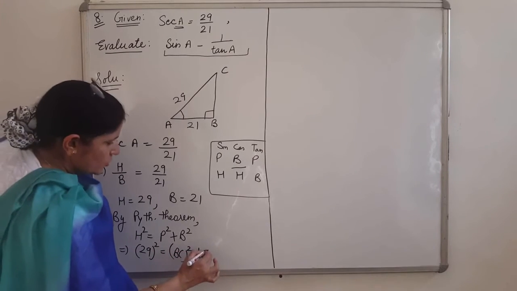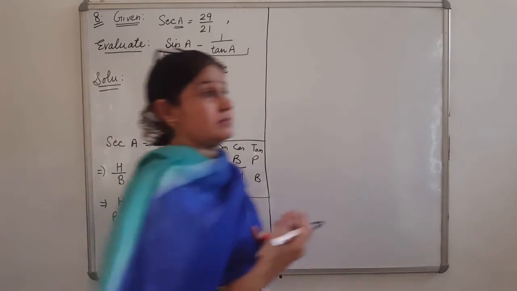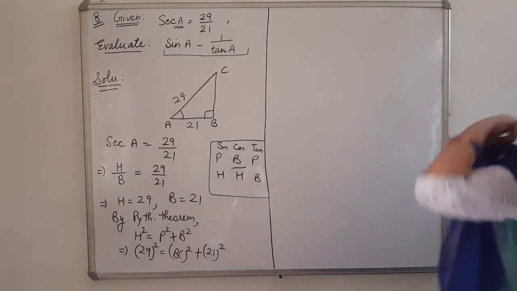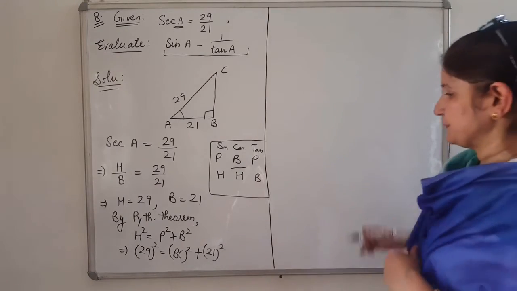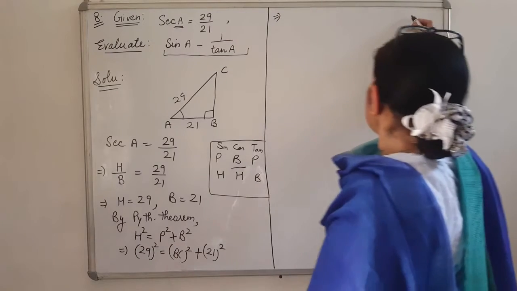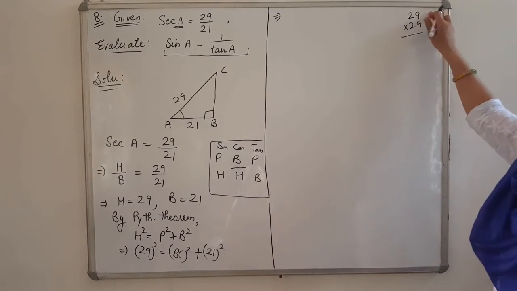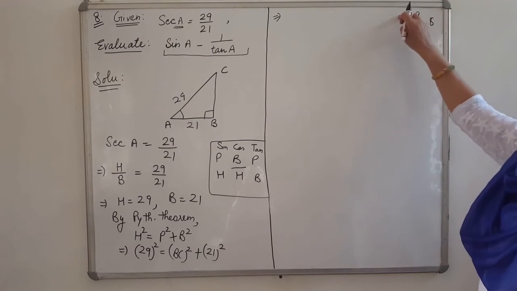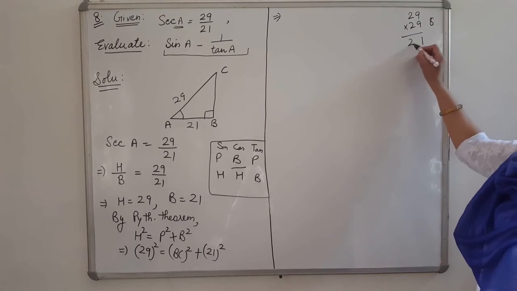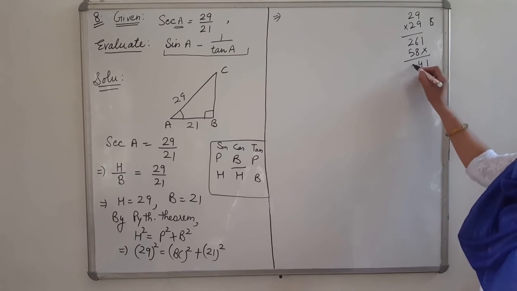and base is 21. Now square of 29. If you don't know, then you have to multiply 29 with 29. 9 nines are 81, 8 carried. 9 twos are 18 and 8, 26. 29 twos are 58. 1, 4, 8.